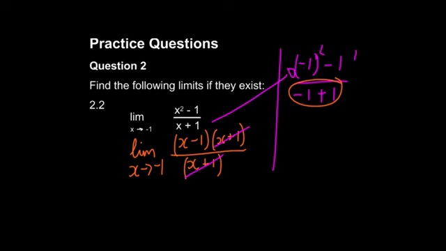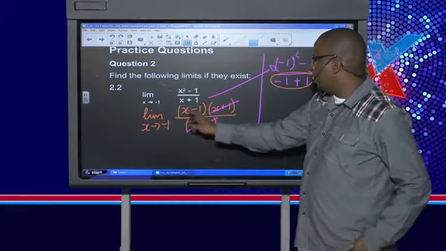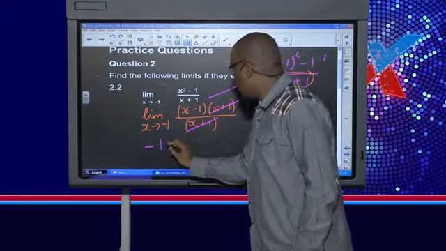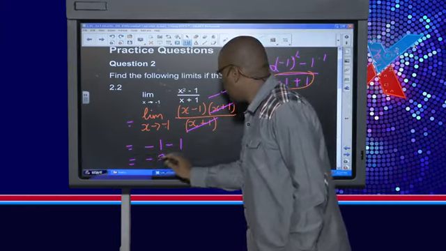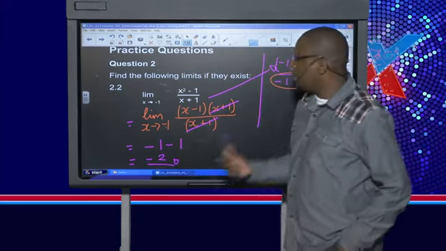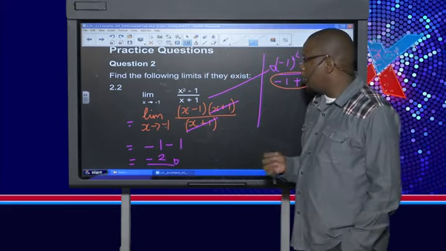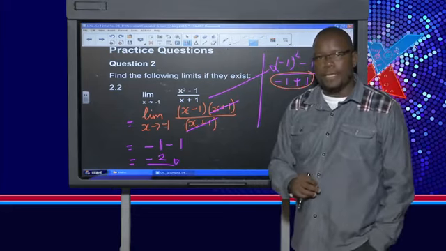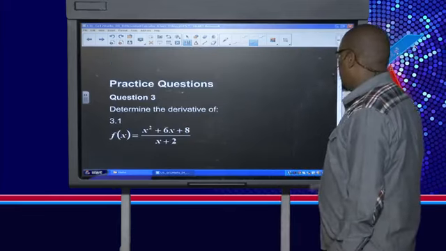As you can see now, we've got the limit as x tends to minus 1. It's getting closer and closer to minus 1. And we can now substitute here. You get minus 1 minus 1, which gives us minus 2. So in simple terms, the limit as x tends to minus 1 of the function x squared minus 1 all over x plus 1 is negative 2. Okay?